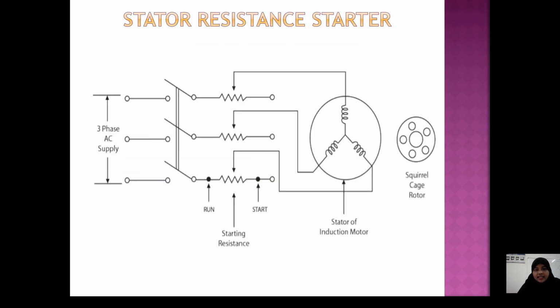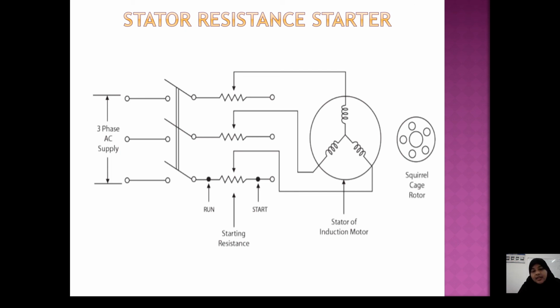Then we have seen the stator resistance starter. To the stator of three-phase induction motor, reduced voltage is applied through this starter, through these resistors or through rheostat, and in the starting position we are including the resistances, then slowly we are putting it in run position and removing this resistance after reduced voltage is applied.